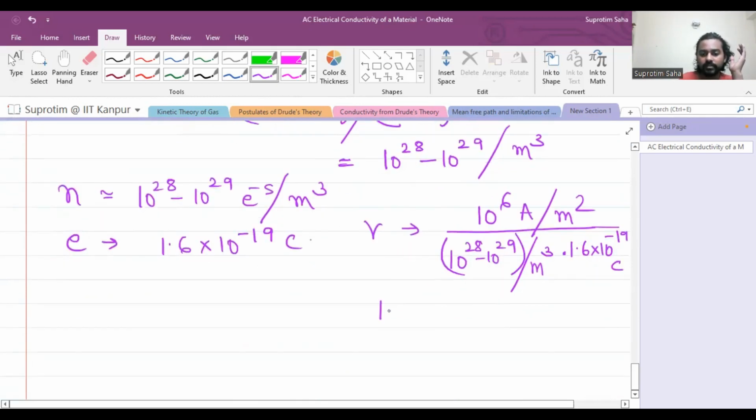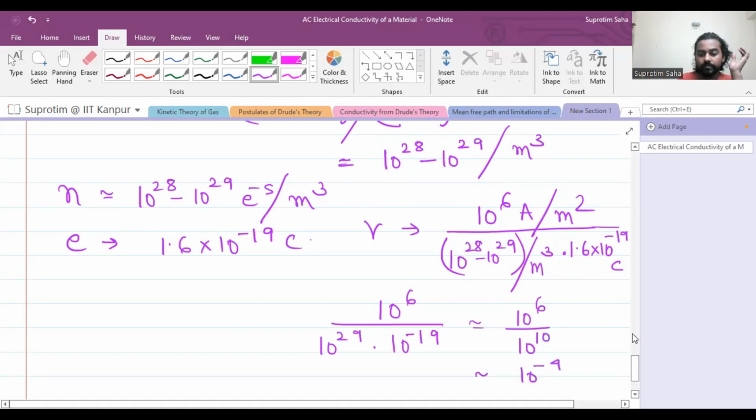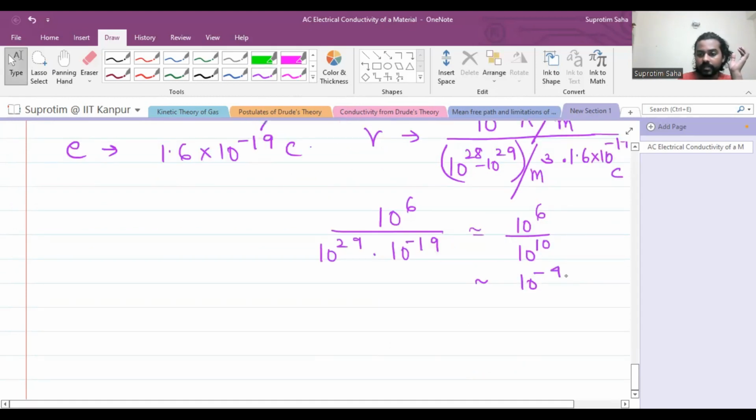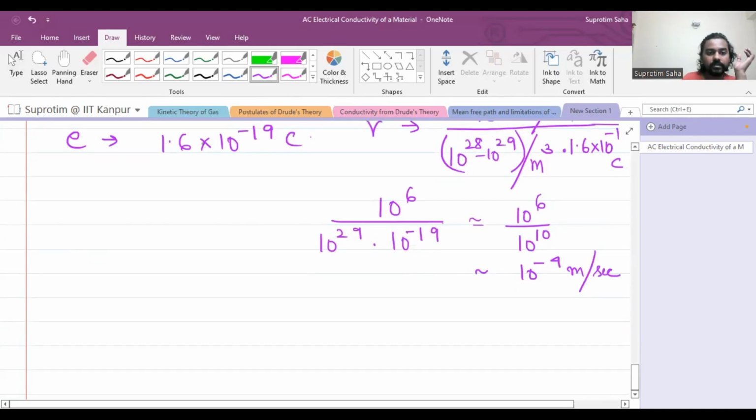So 10 raised to 6, let's say 10 raised to 29 into 10 raised to minus 19, gives 10 raised to 6 by 10 raised to 10, which equals 10 raised to minus 4 meter per second. So v is 10 raised to minus 4 meter per second.